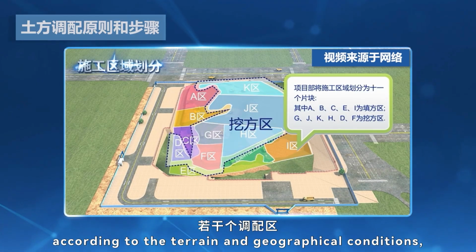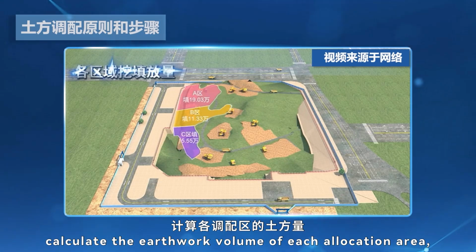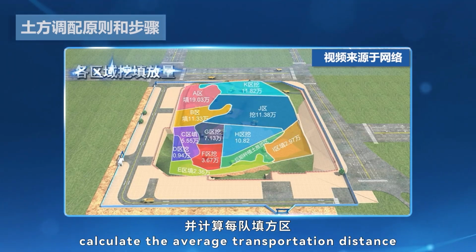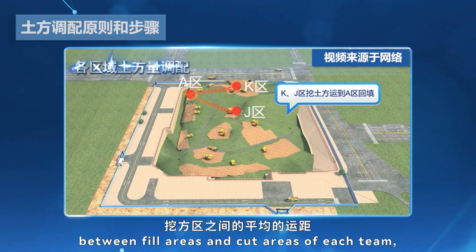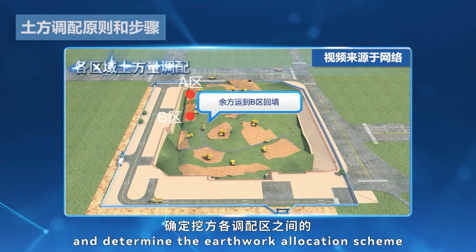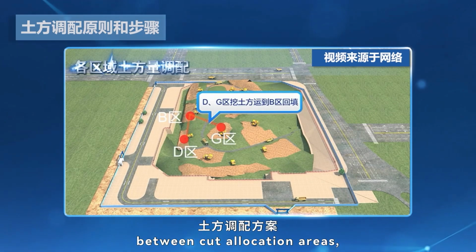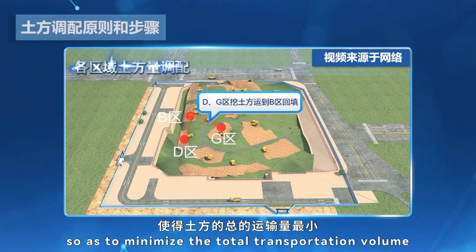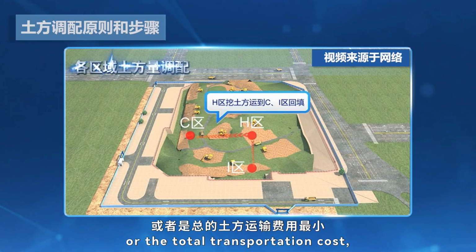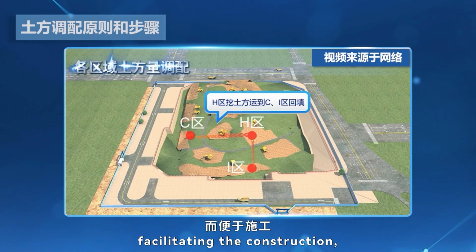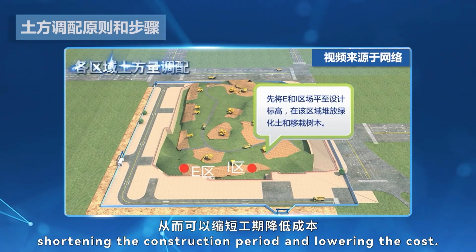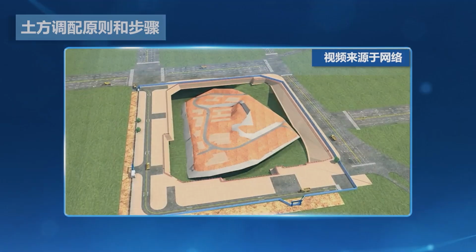According to the terrain and geographical conditions, calculate the earthwork volume of each allocation area. Calculate the average transportation distance between fill areas and cut areas of each team, and determine the earthwork allocation scheme between cut and fill allocation areas so as to minimize the total transportation volume or the total transportation cost, facilitating the construction, shortening the construction period, and lowering the cost.